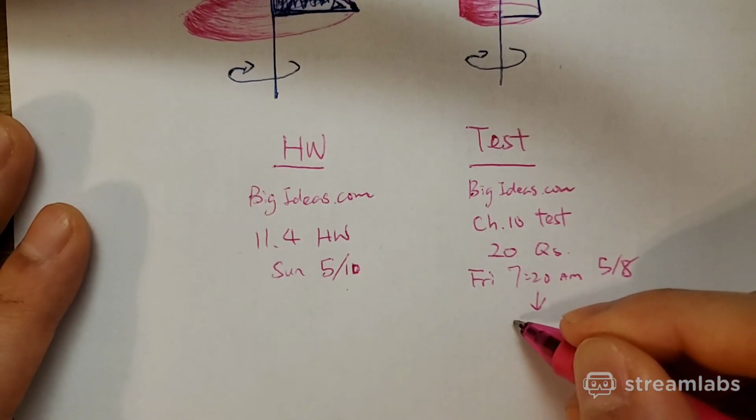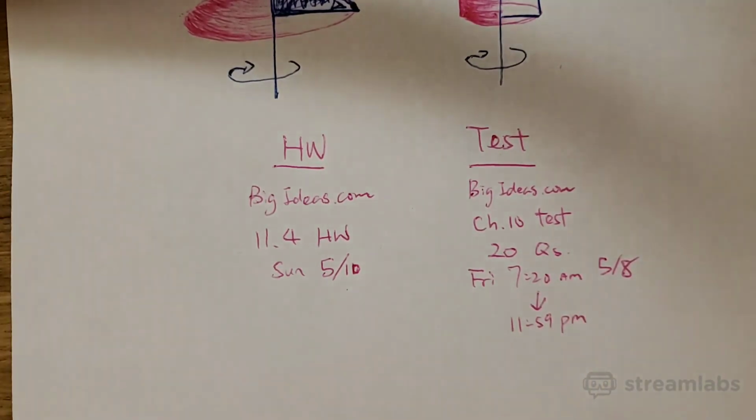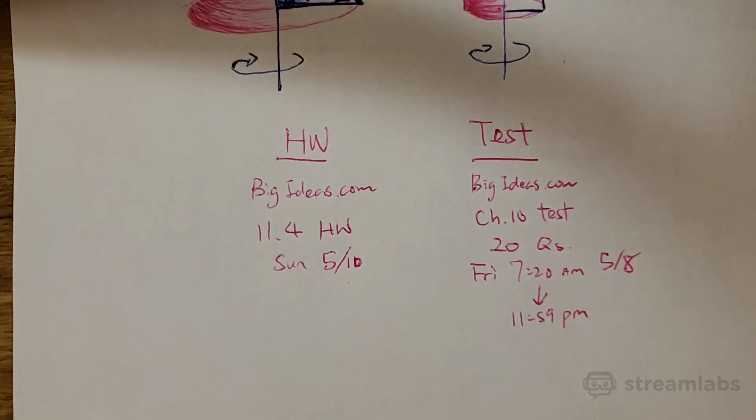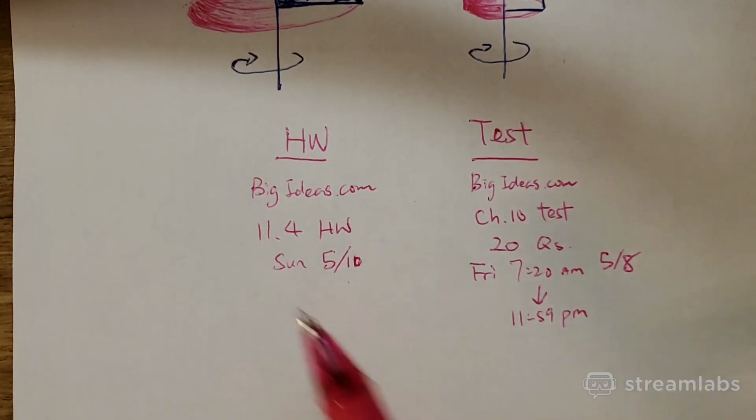And it will stay open all the way to 11:59 p.m. But it should take you less than an hour, okay? It's open book. You can take all day if you want, but I think you should take less than an hour to finish. If it takes you longer, then you should start earlier. Please finish this, okay? There's no way for me to give you credit if you don't finish this in time. Also, homework also.